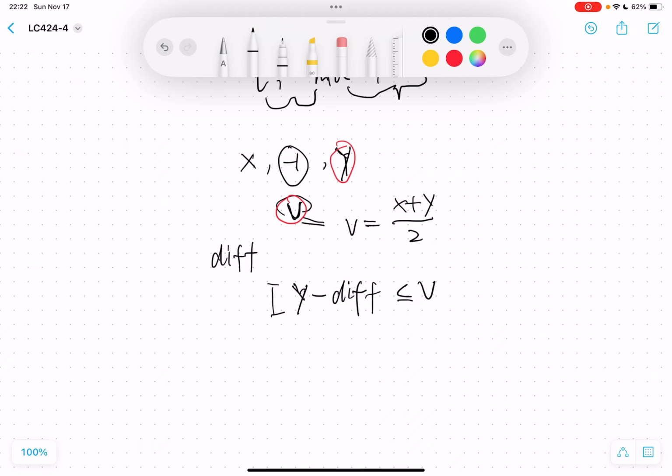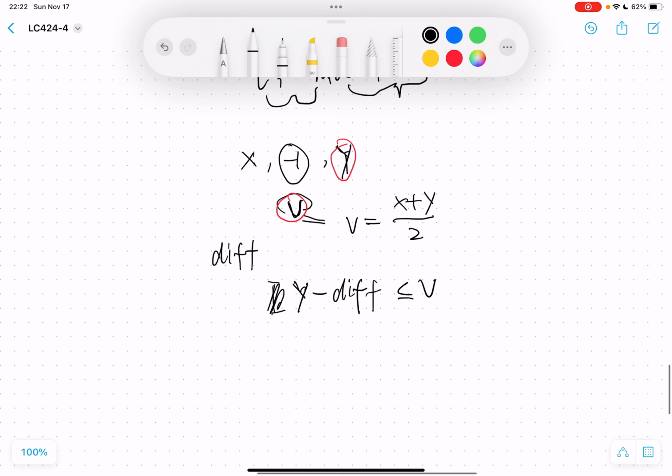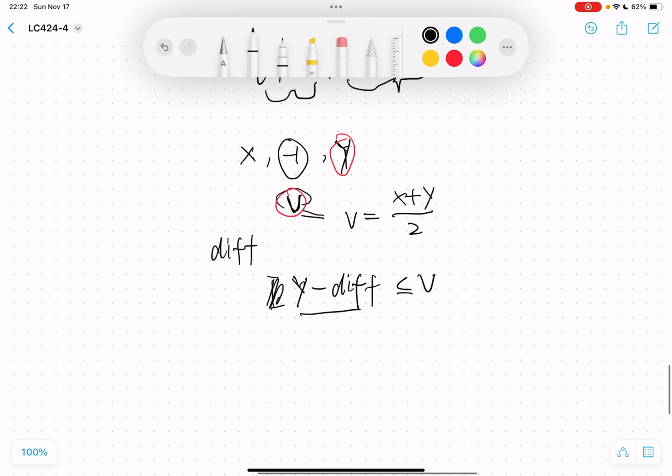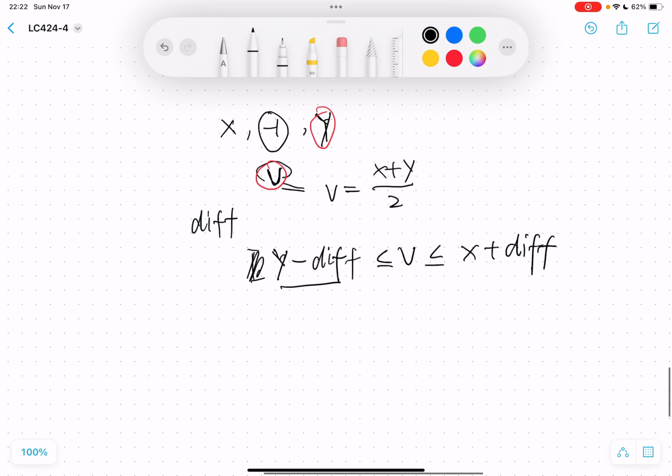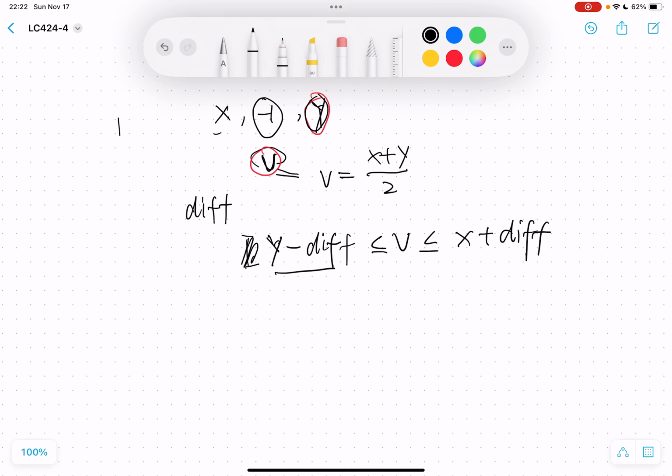So the left end of the value should be y minus diff, and the right end of the interval should be x plus diff. Okay, this is the interval that we can fill with between x and y if there is only one -1 between x and y. This is the first situation we will meet in this array.